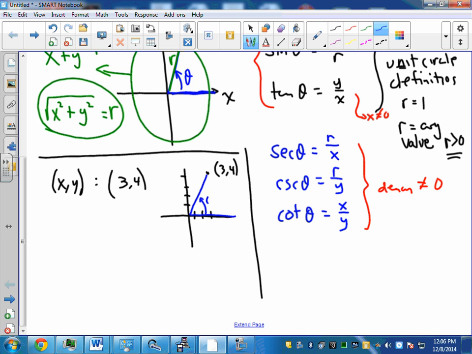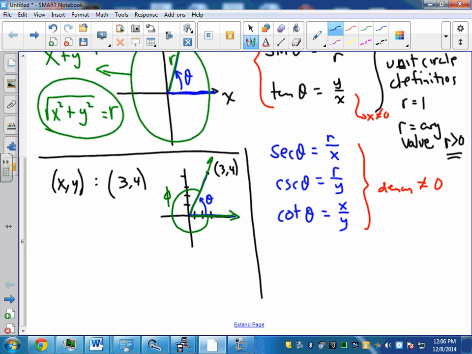Note, by the way, that theta doesn't necessarily have to be positive. We could consider the angle that starts with an initial side on the positive x-axis, but now rotating clockwise in the negative direction, as long as the terminal side goes through 3, 4. I'll call this one phi. Both of these will have the same values for the trig functions.